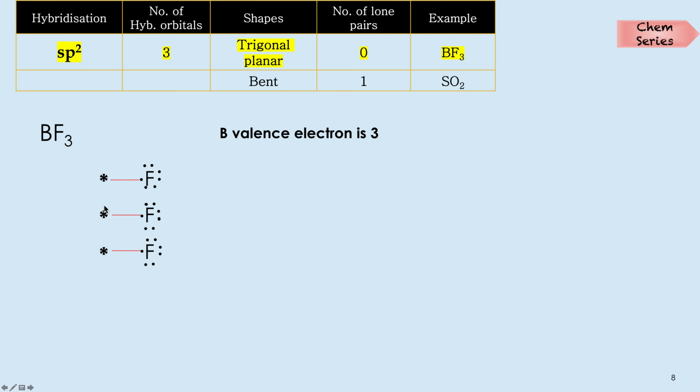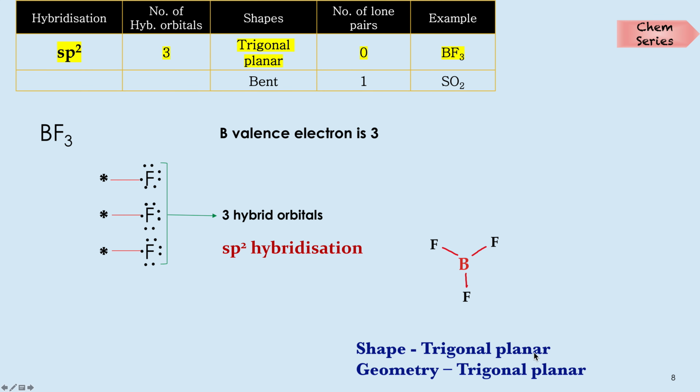Likewise, the 3 boron electrons will be used by the 3 fluorine atoms. Hence, there will be no lone pair on the boron. So there are 3 hybrid orbitals and sp2 hybridization. Your shape will be trigonal planar and the geometry will also be trigonal planar, and this is the 3D view of the molecule.